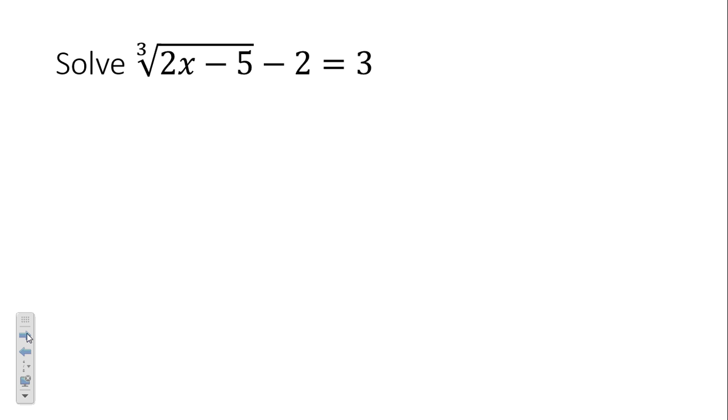Add 2, very good. The last time we had to divide by 2, this time there's a negative 2 hanging out with it. So to isolate the radical, we have to get it by itself by first adding 2 to both sides.